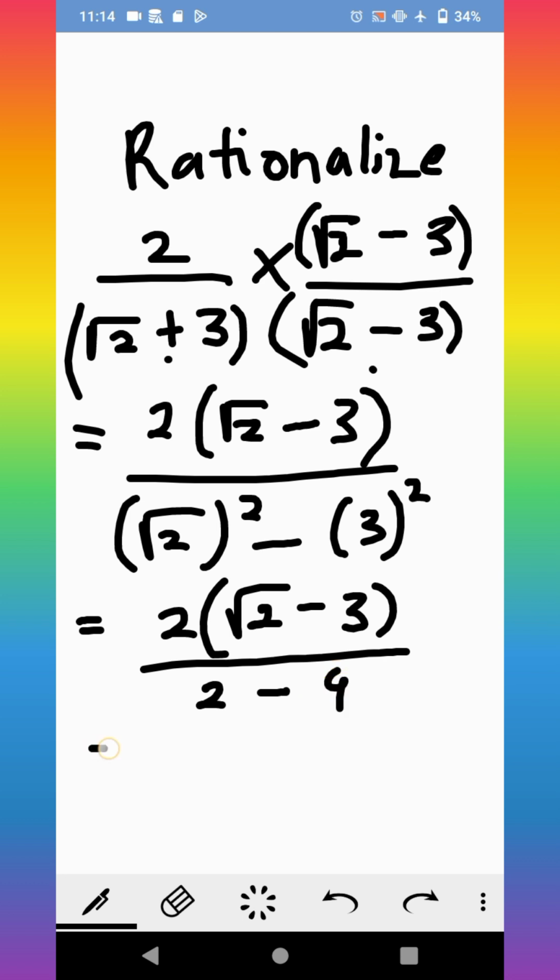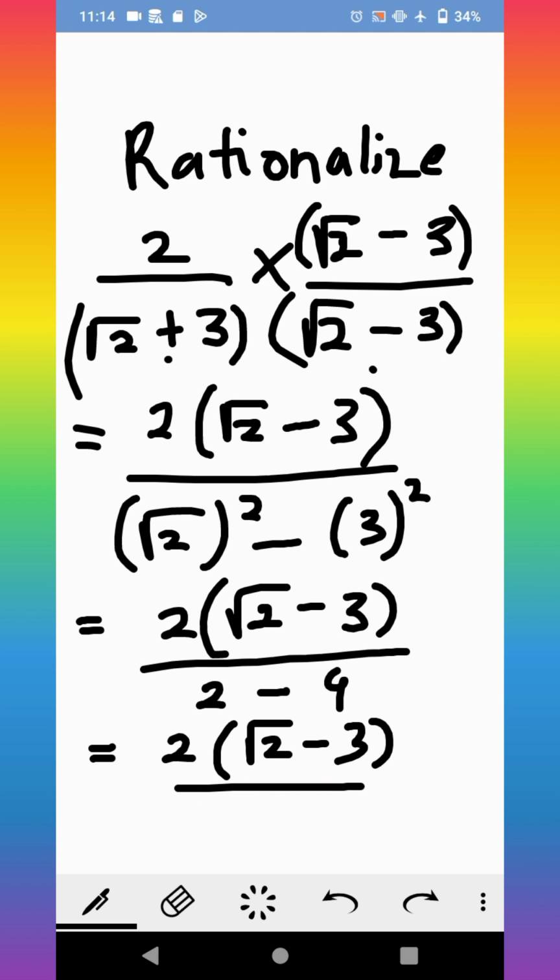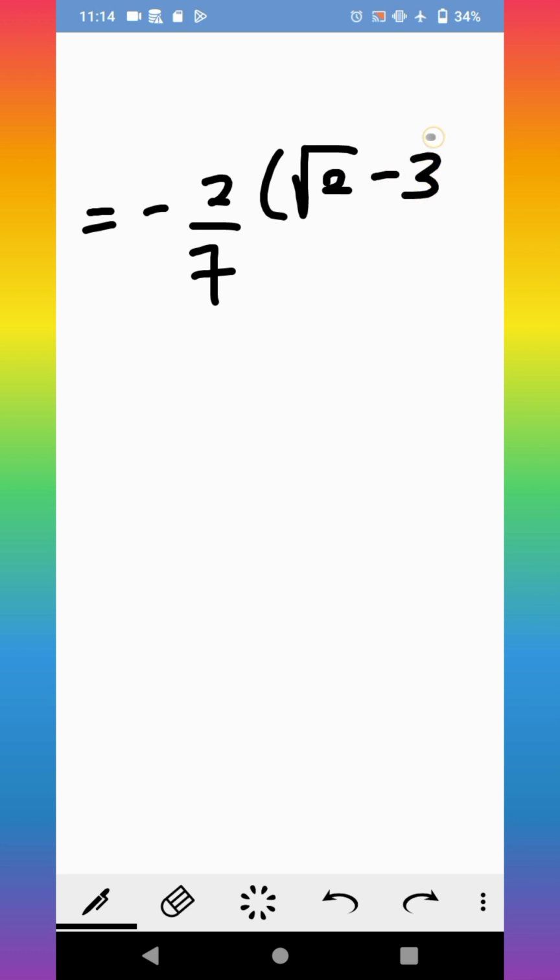All right, so our answer will be 2 open bracket root 2 minus 3 all over minus 7. This minus of course can come up, and our answer finally will become equals to minus 2 over 7 open bracket root 2 minus 3. All right, that's how we rationalize that.